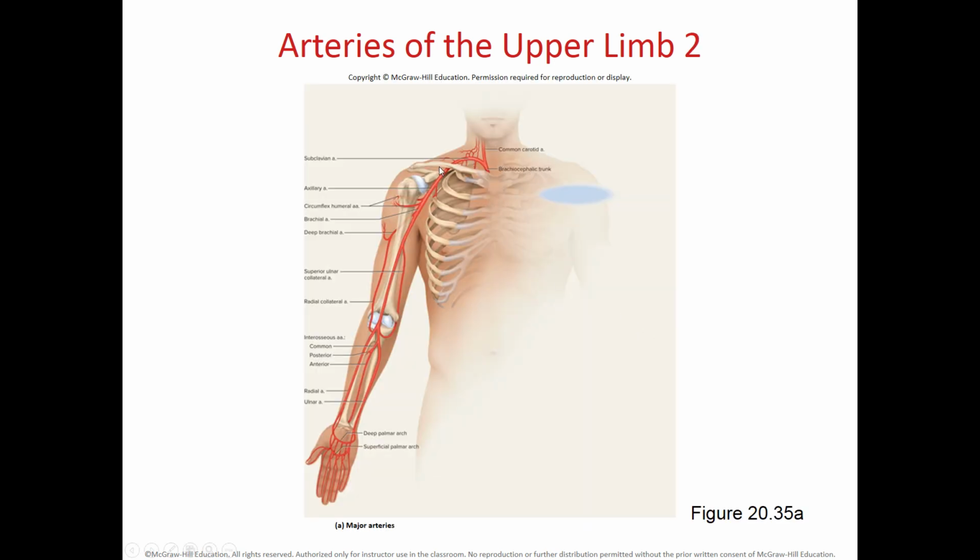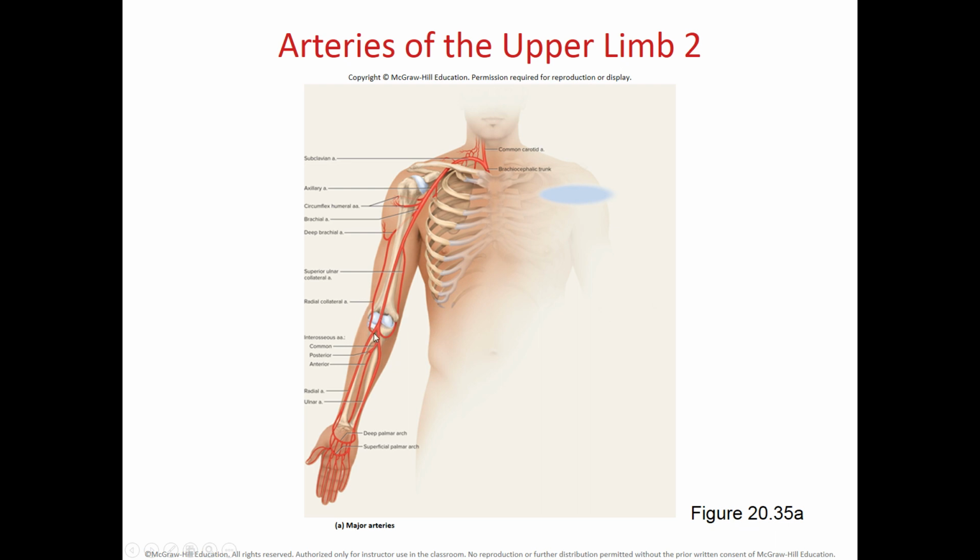So here we have subclavian. It changes its name in the armpit into axillary, and then when it reaches the arm, into brachial. And we have deep brachial and superficial brachial, and it gives these collaterals in the shoulder that are known as circumflex humeral, or here in the elbow as radial collateral.